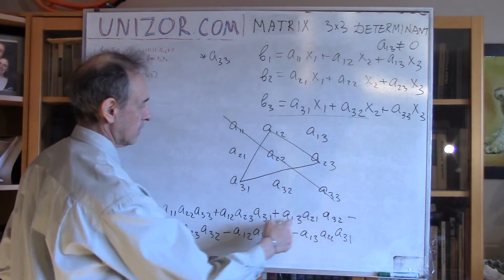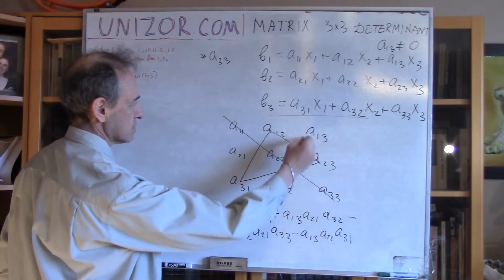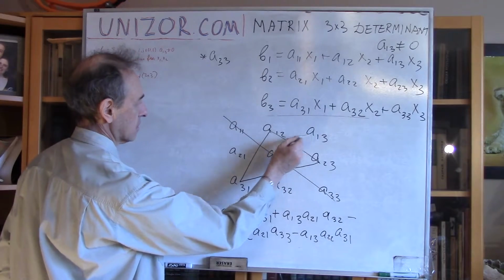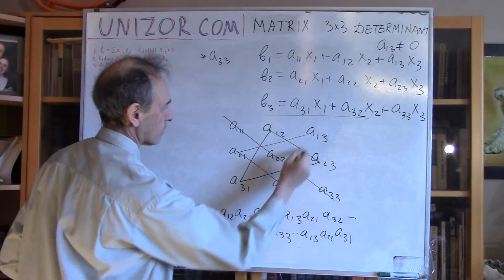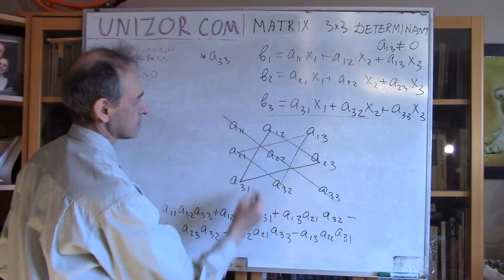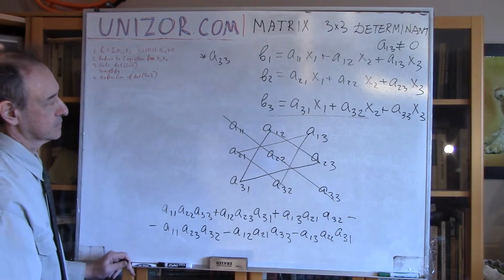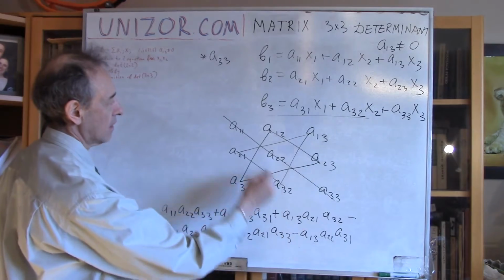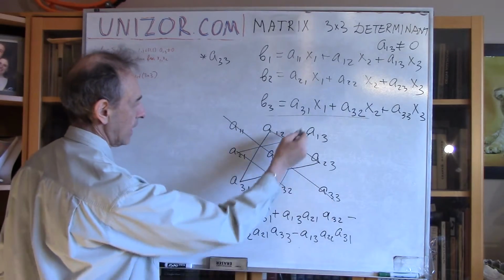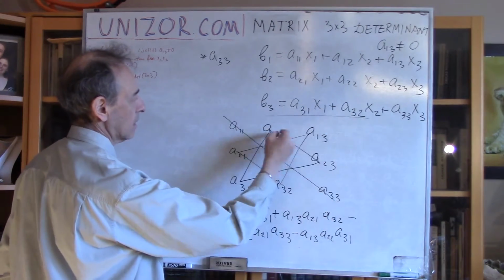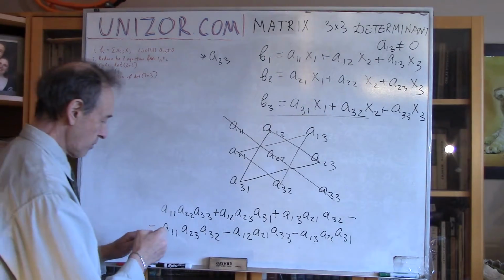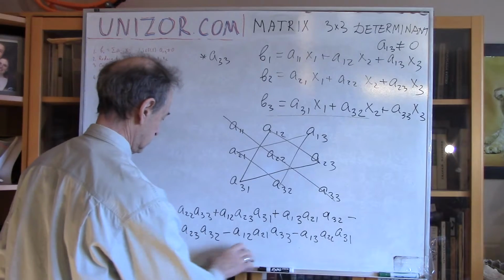Now this one, 1,3, which is this, 2,1, which is this, and 3,2, which is this. This is another triangle with a short side parallel. All right? So all positive members are the main diagonal and two triangles with the short side parallel to the main diagonal. Now let's talk about the negative sides.